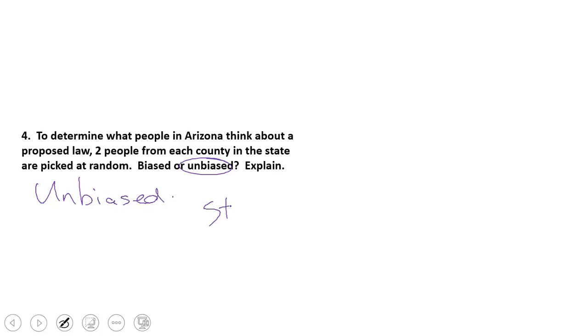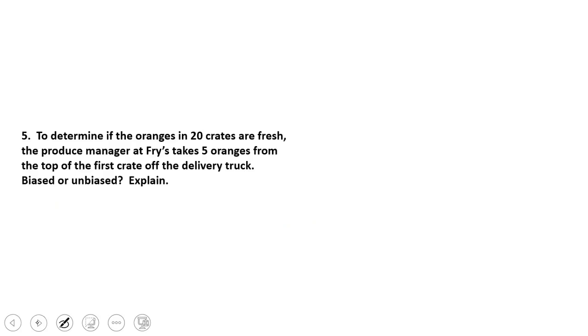This would be stratified, if we go back to the types of unbiased samples, because we are doing what? We're dividing into separate groups and representing the entire state, because we're choosing every single county, and then we're picking 2 people at random from every single one. And moving right along to our last example.